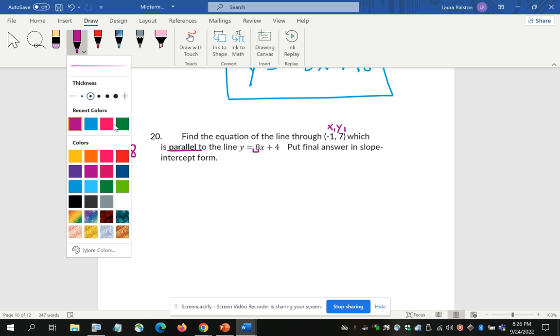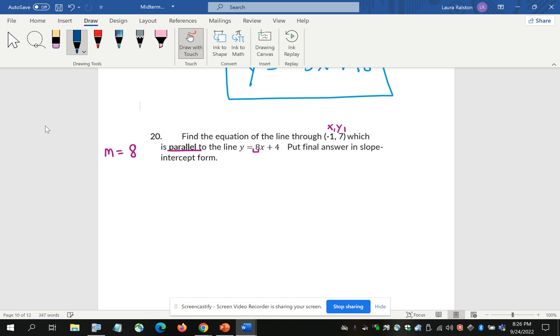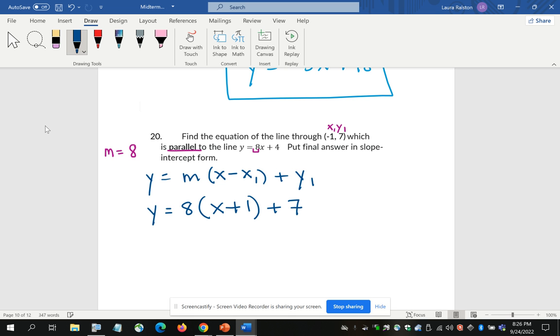And we're going to plug into the point-slope formula again, which is y equals m times (x minus x1) plus y1. So I'm going to put the numbers in. So I have y equals 8 times (x minus -1, the minus 1 makes plus 1) plus 7.